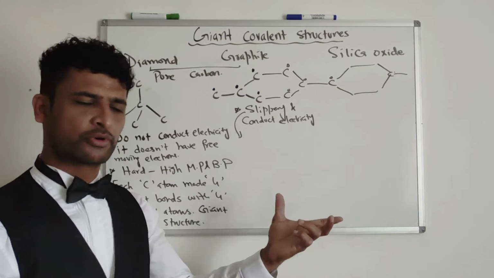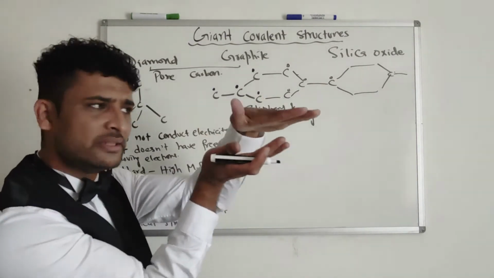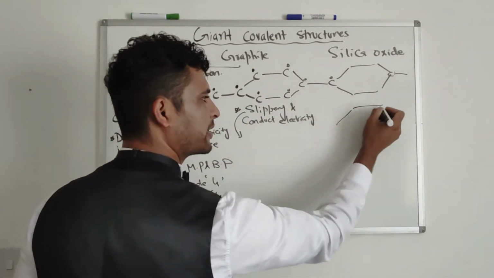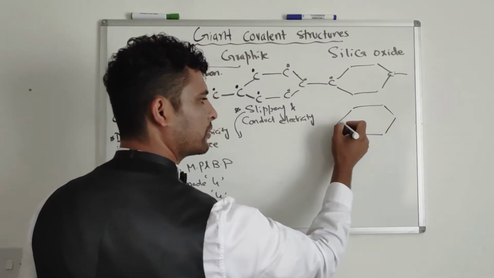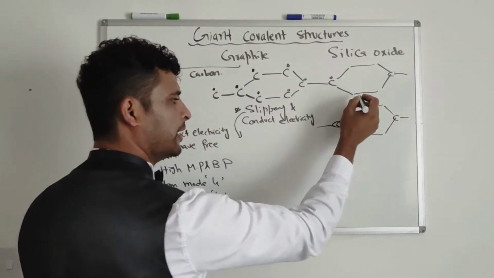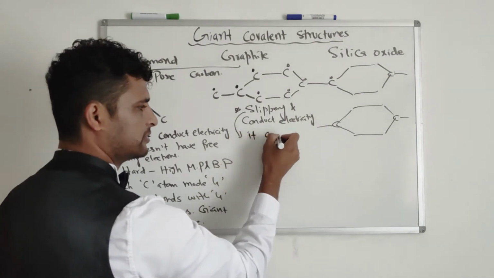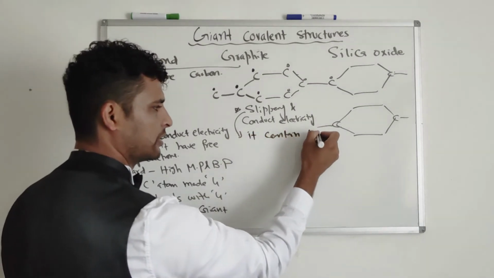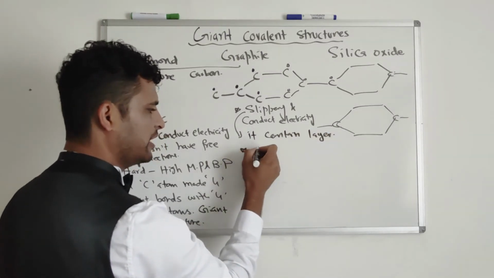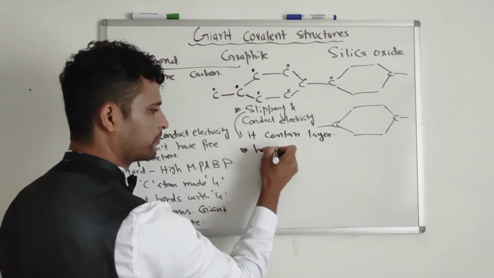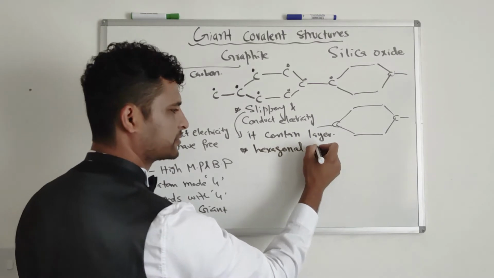If you see in your books, you will see the layers. It is slippery because it contains layers. Its shape is hexagonal.